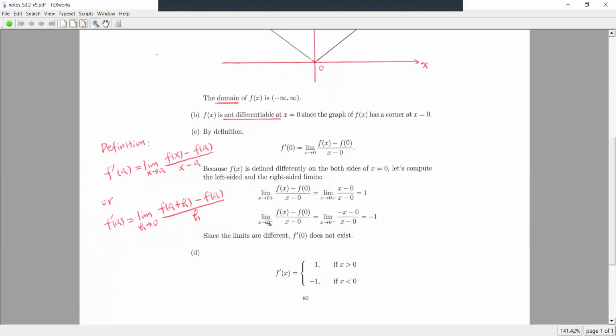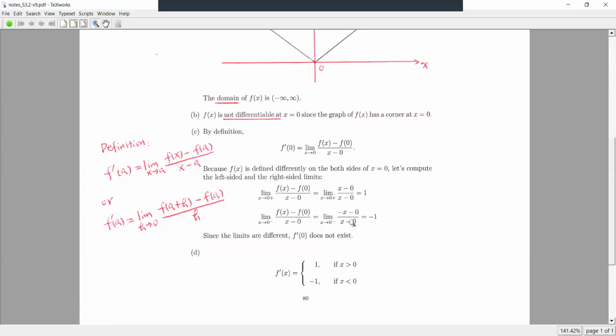Now, the left-hand side limit at 0. x approaches 0 from the left side. x is less than 0. When x is less than 0, the function is negative x. So I have this equation. Now, this fraction is negative x over x.